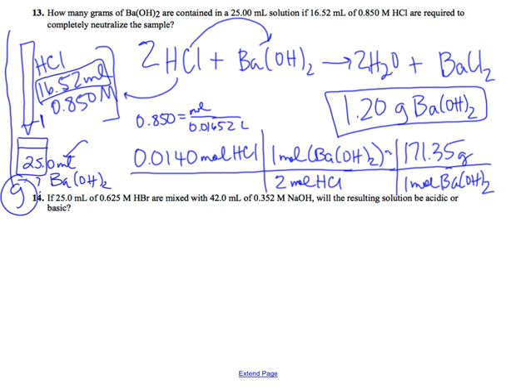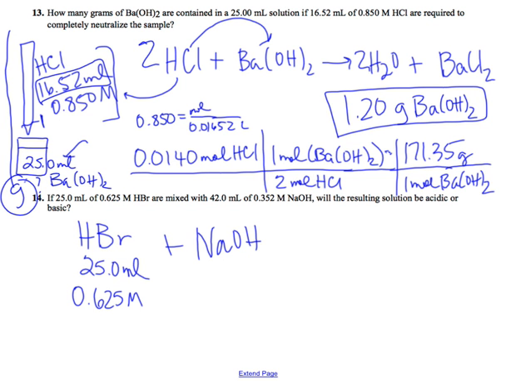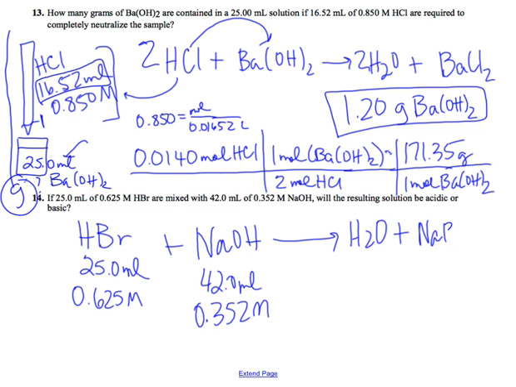They want to know, if we're mixing 25.0 mils of 0.625 molar HBr with sodium hydroxide of 42.0 mils at 0.352 molar, will the resulting solution be acidic or basic? What are our products of this solution? Water and salt. This is a neutralization reaction.